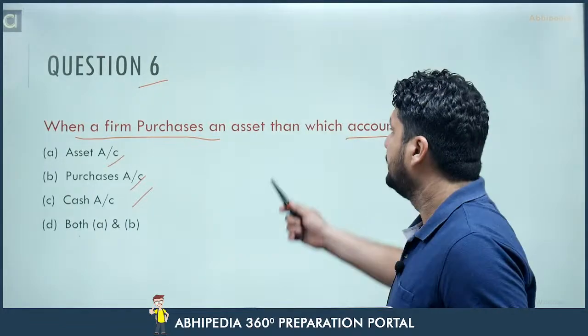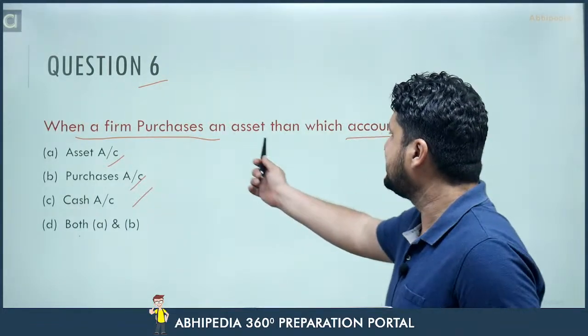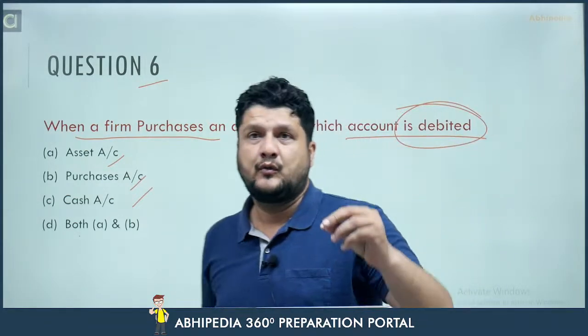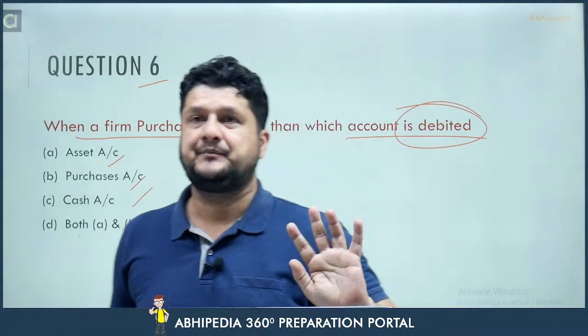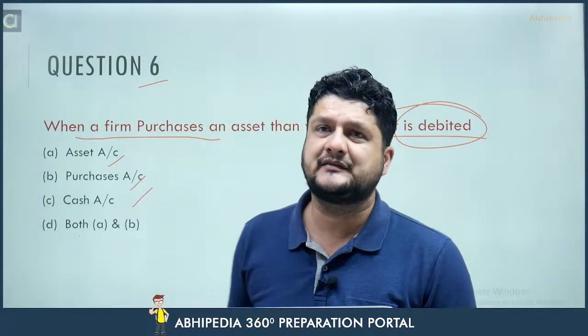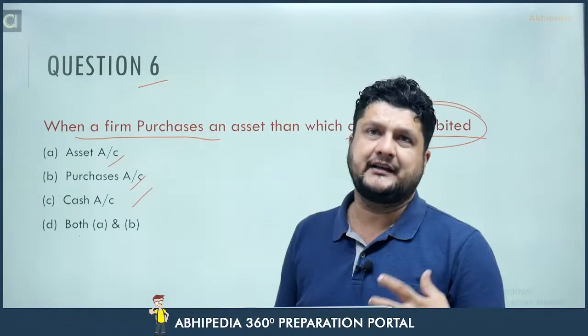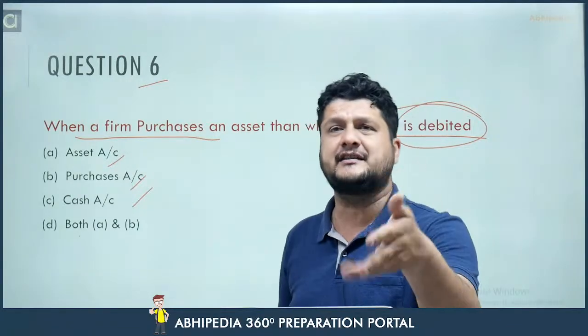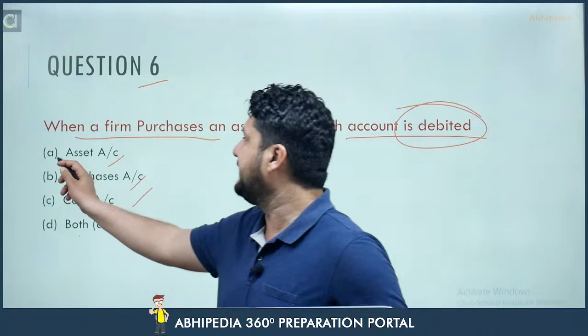Right. When a firm purchases an asset, then which account is to be debited? You know the term asset. Asset is a property of the business. When you purchase that asset, if you purchase furniture, then furniture account will be debited. Any asset you have purchased, that would be debited.